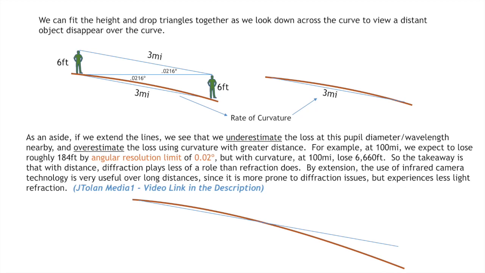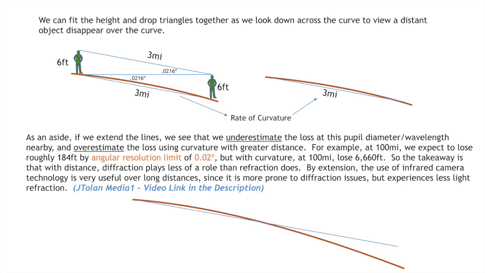And the second one is the loss of information that that person would be granted across that 3-mile distance. And you can then use those triangles together to get your rate of curvature for a 6-foot person observing someone go over the curve. So as an aside, if we extend the lines, you can see that we underestimate the loss at this pupil diameter and wavelength nearby and overestimate the loss using curvature with greater distance.